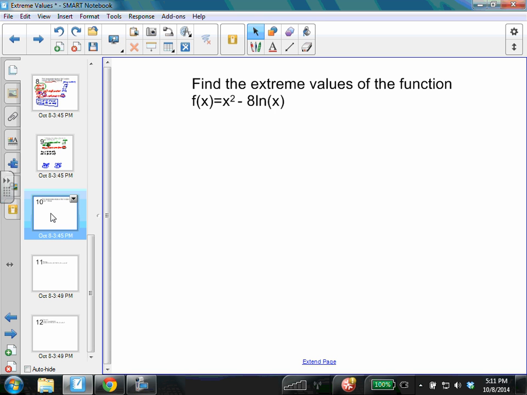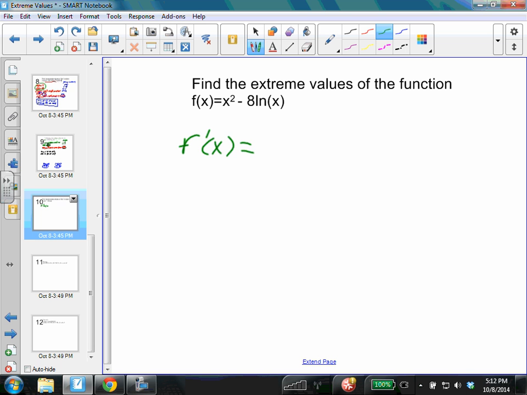Okay, so we want to go and have a look at this one. So what I'm going to do, once again, hopefully you've noticed that there's no interval, right? So there's no need to check endpoints because we don't even have an interval. But we do still need to check for the critical points that can happen with the derivative.